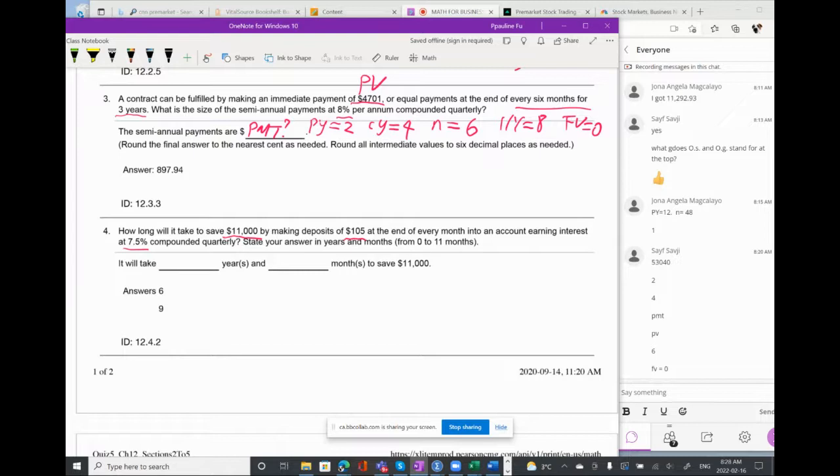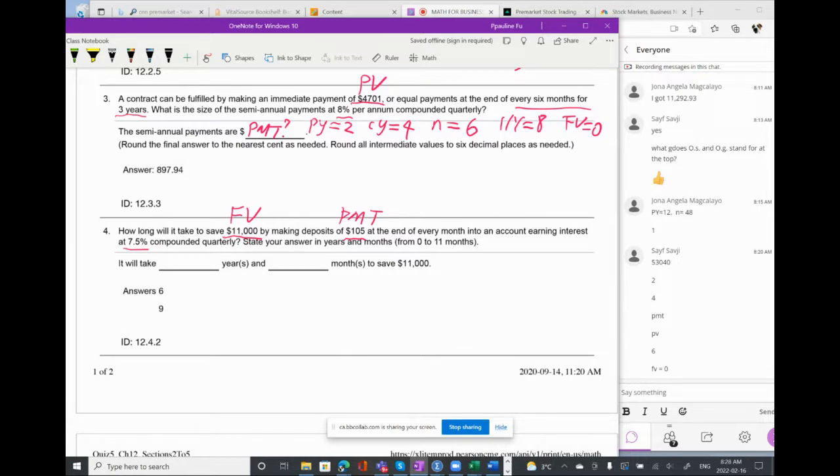Anyone? What does 11,000 represent? PV, FV, PMT? This is future value, FV. 105, that is PMT.